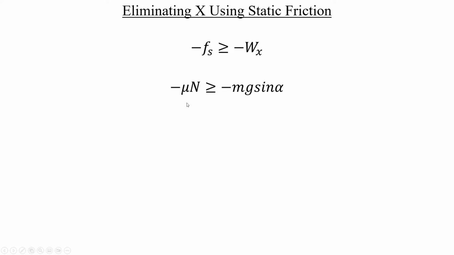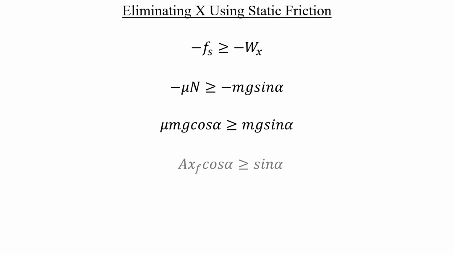Here we have negative mu times the normal force being greater than or equal to negative mg sine alpha. Since they're both negative, we can just eliminate those signs and work with positive quantities. Remember, the normal force was just mg cosine alpha. And since we have mg on both sides here, let's get rid of that and bring x back into the picture, since mu is equal to ax.